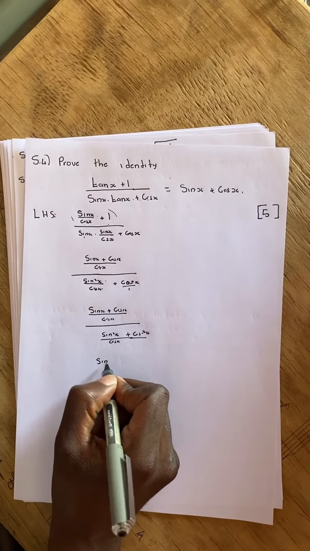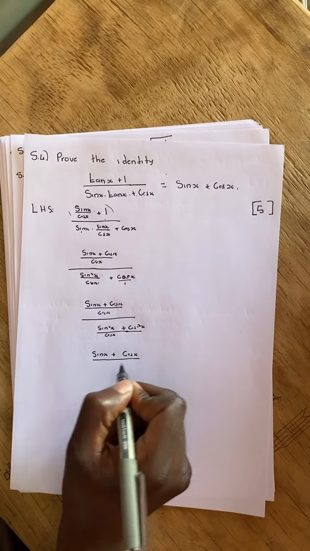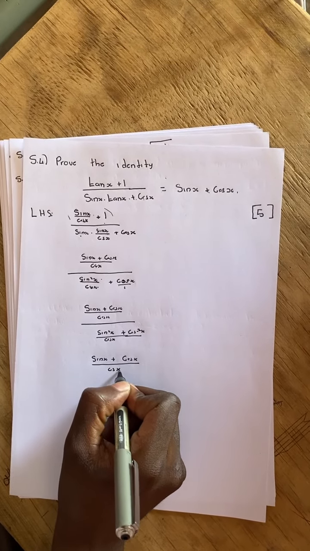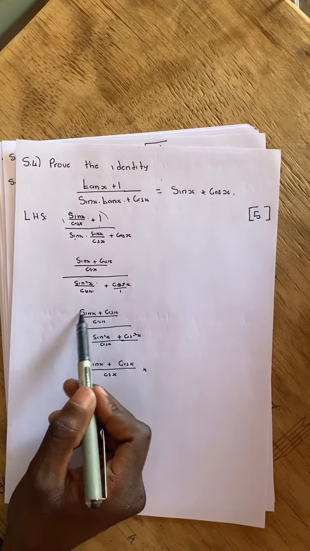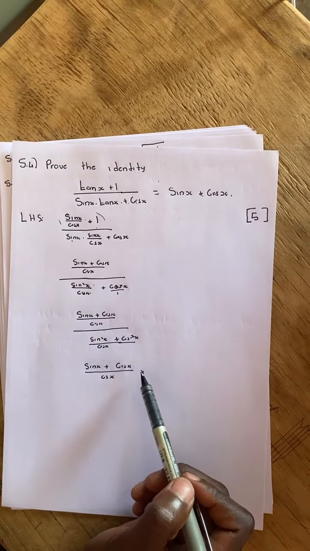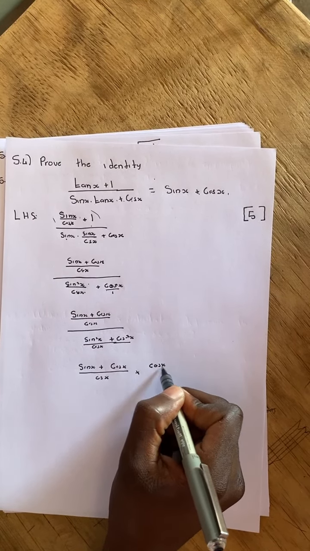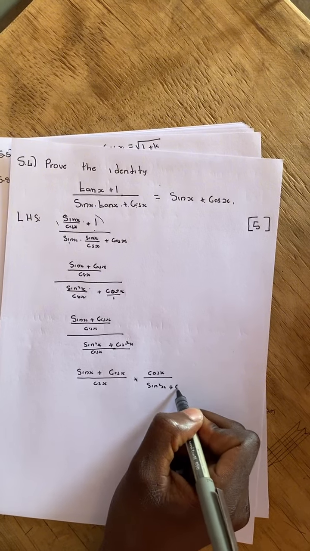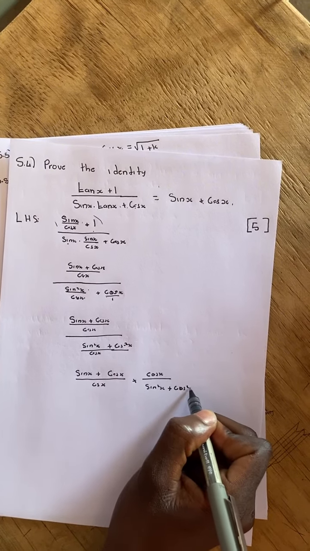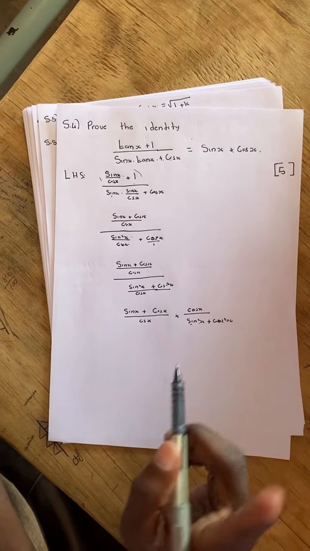This will be (sine x plus cos x) all over cos x, times, when I divide by a number, it is the same as multiplying by its reciprocal, cos x all over sine squared x plus cos squared x. Sine squared x plus cos squared x is 1.